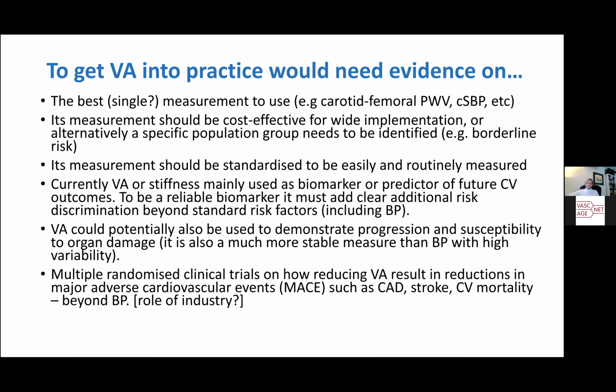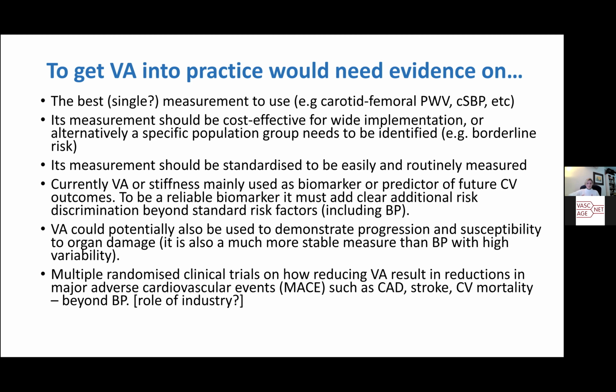And the challenge is we have masses of data for blood pressure, and a beautiful paper published recently also showing that a 5 millimeter reduction of systolic blood pressure results in a 10% reduction in cardiovascular risk, based on over 350,000 individual patient data points.